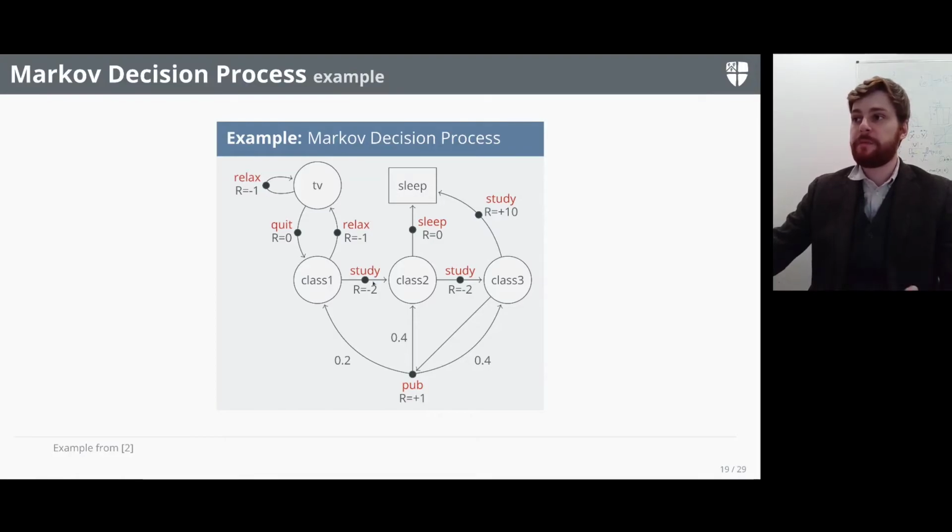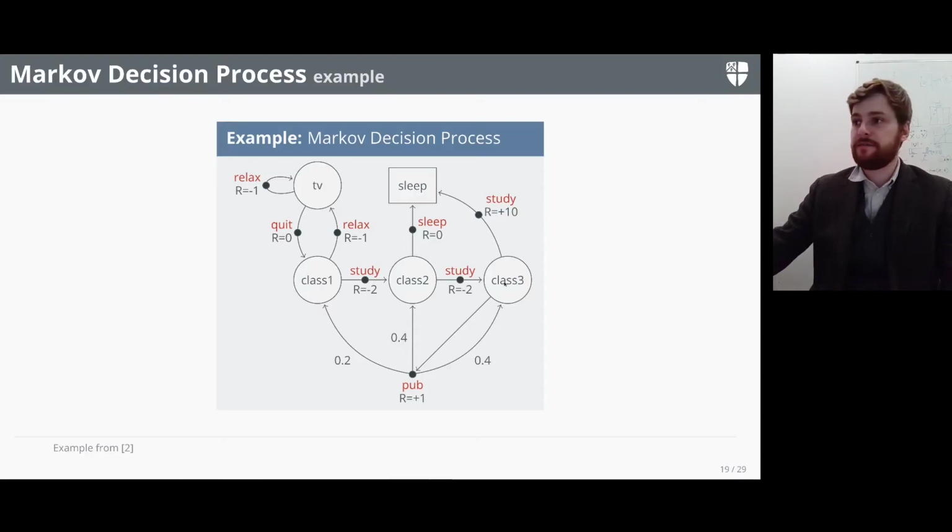And there's no probabilities anymore here, there's just choices. Okay, so the agent in class 1 can choose the action now of studying, or they can choose the action of relaxing. And if the agent chooses to relax, they end up in this state watching TV. But if they choose to study, then they end up in the next class.